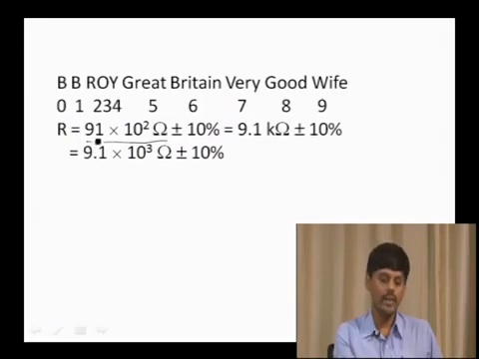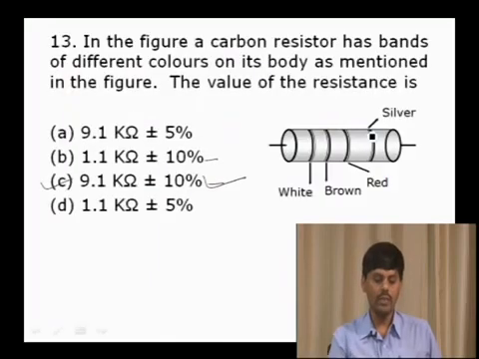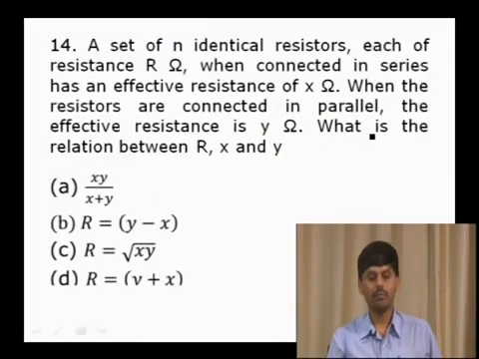So this is white, this is brown and the value of 2 is red, plus or minus silver, that is 10%. If you shift the value by placing a decimal point, it becomes 10 power 3. Therefore, 9.1 times 10 power 3 is nothing but 9.1 kilo ohm plus or minus 10%. This is the correct answer. Therefore, C is the correct answer.